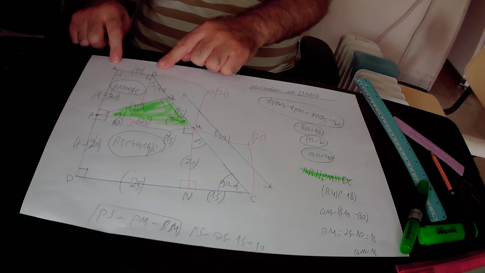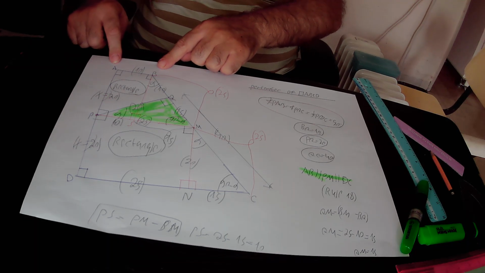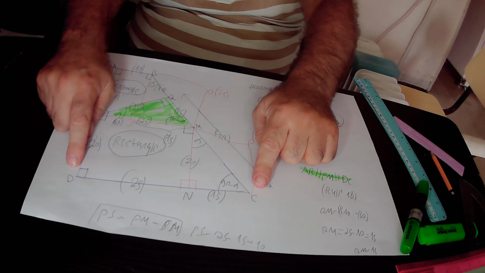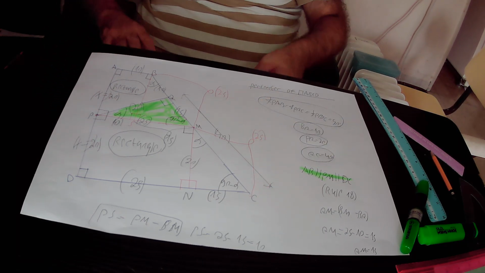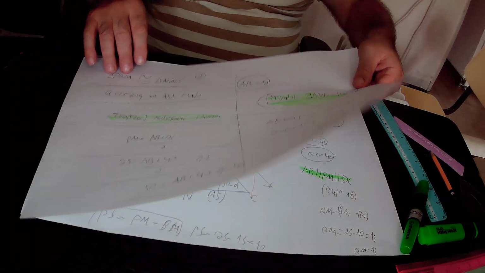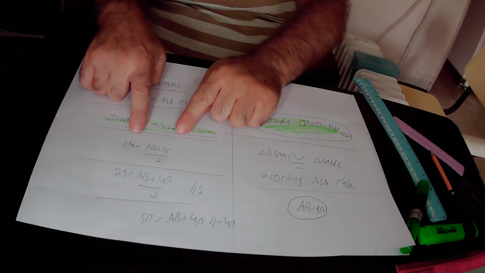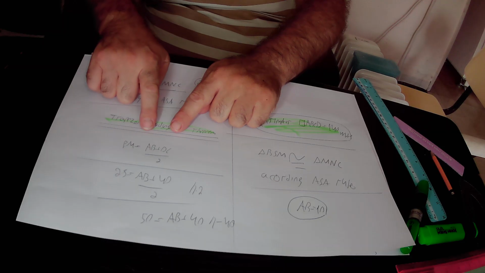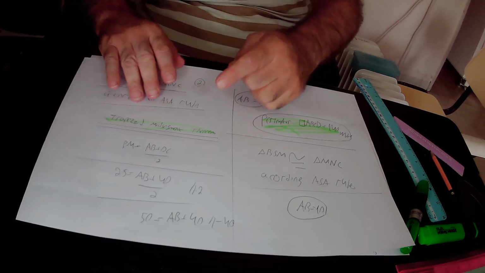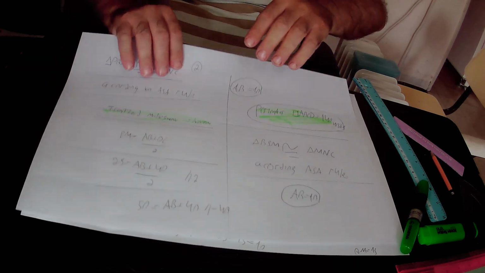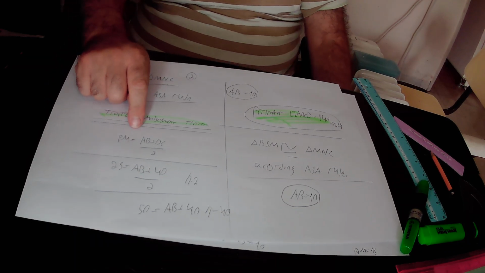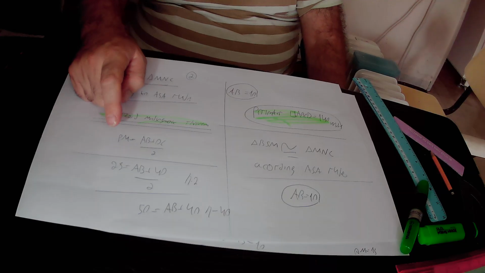We have to find the value of AB. Okay, so PM equals (AB plus DC) over 2. AB is the missing side, so we leave it as is, plus DC, DC is 40, divided by 2. So in total, we found that (AB plus 40) over 2 equals 25.